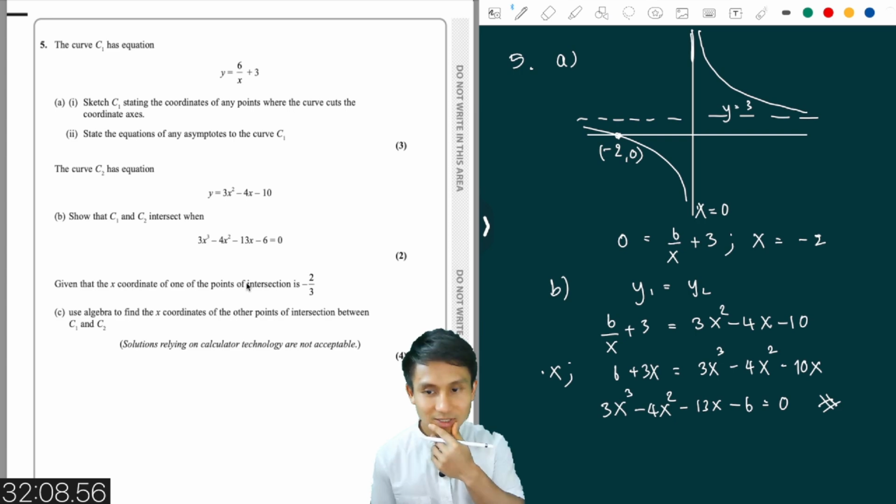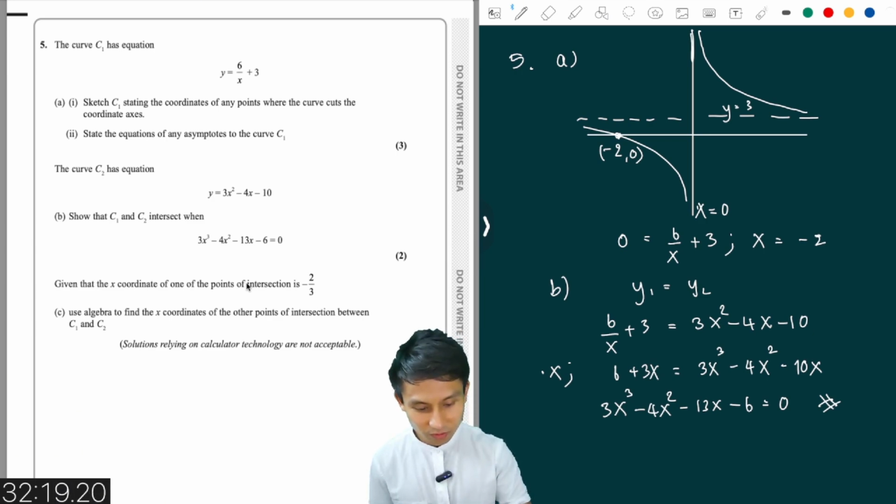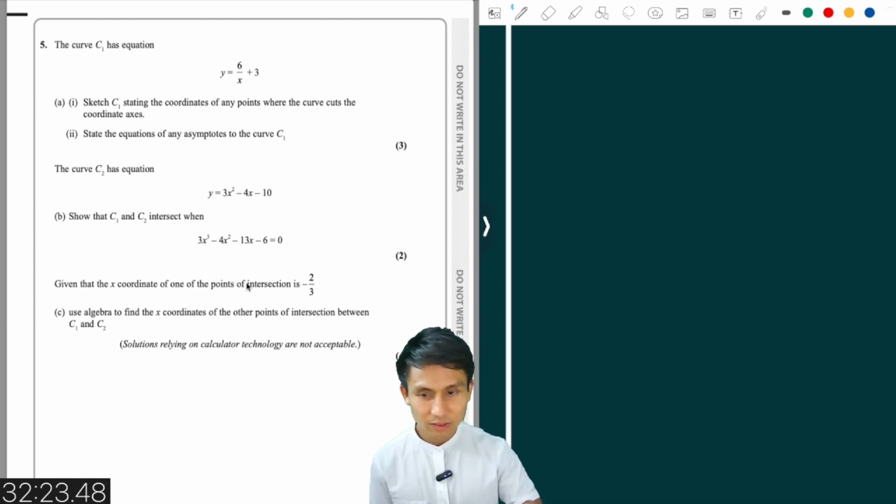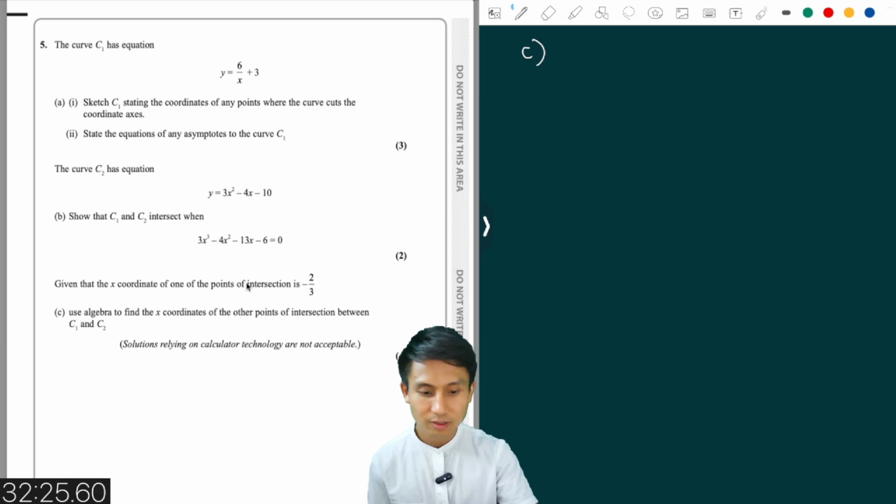The way I would do this is to maybe use that root and factorize it, or maybe I would do long division. So this is how I would do it. Long division.